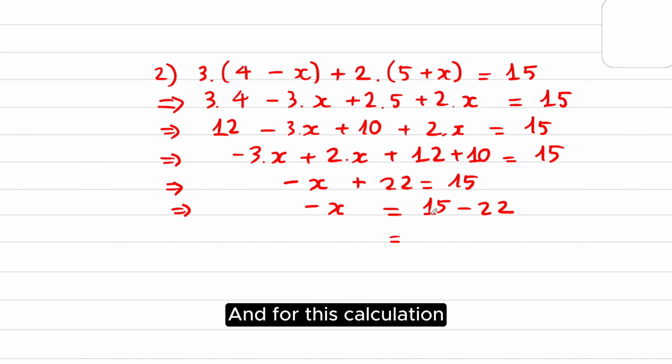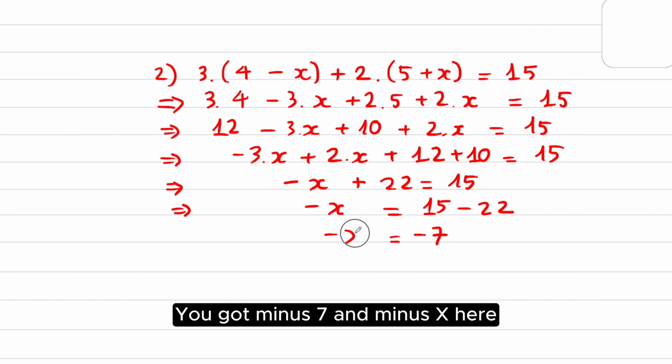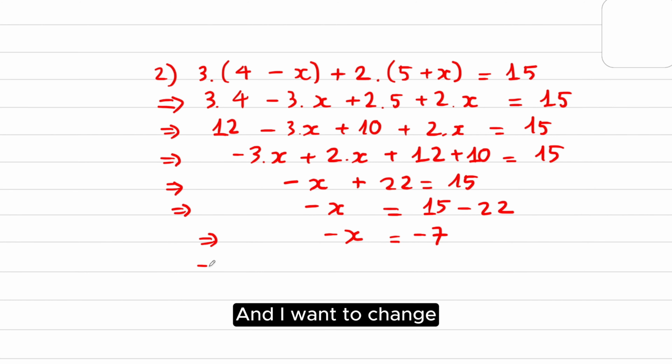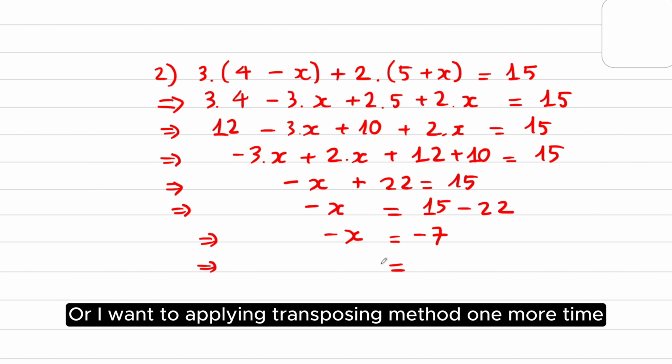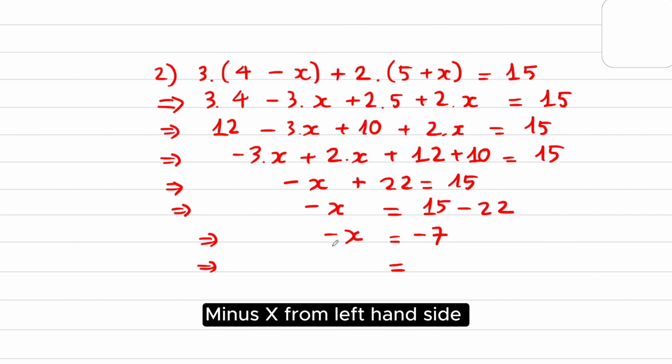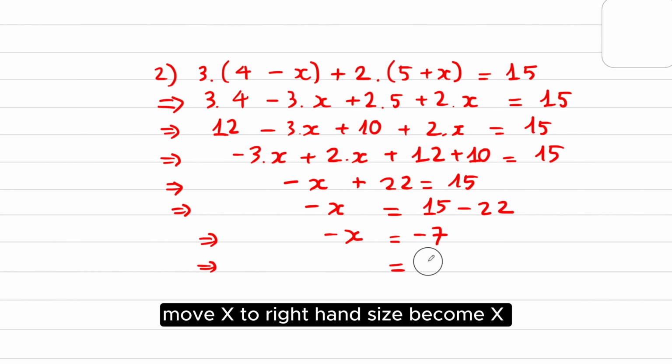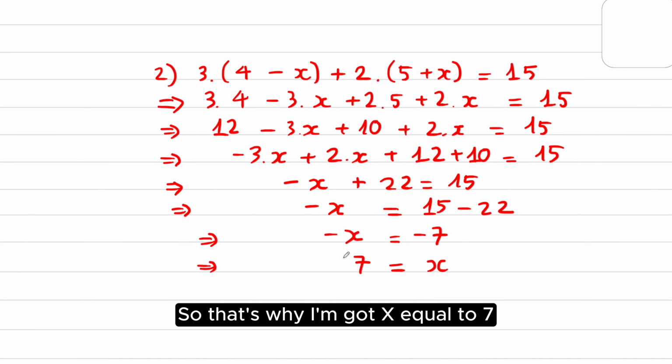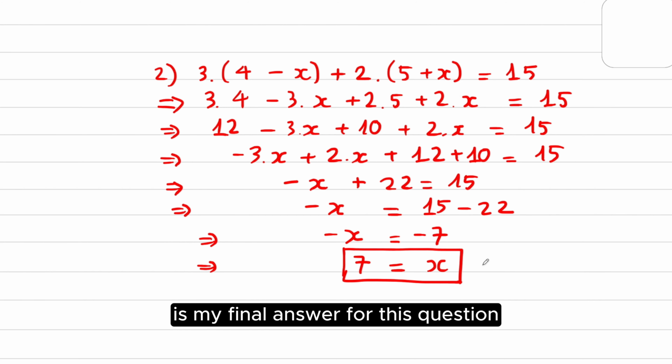For this calculation, you get minus 7. I want to apply the transposing method one more time. Move x from the left hand side to the right hand side, and 7 from the right hand side to the left hand side. So x equals 7 is my final answer for this question.